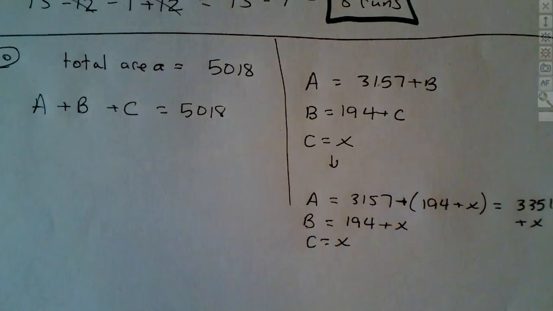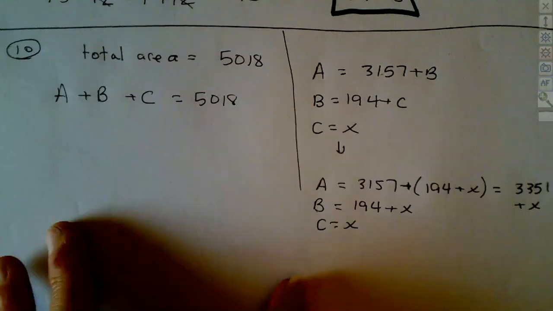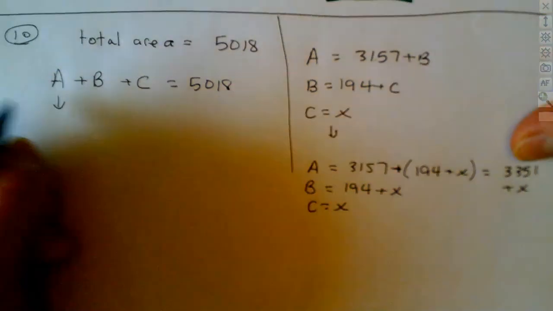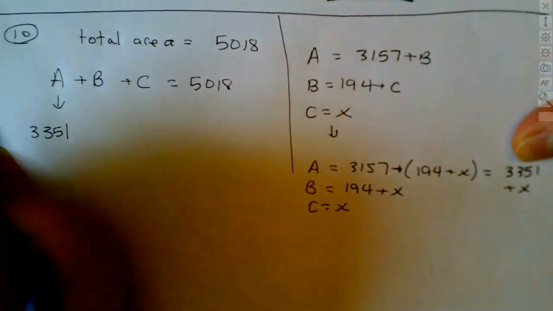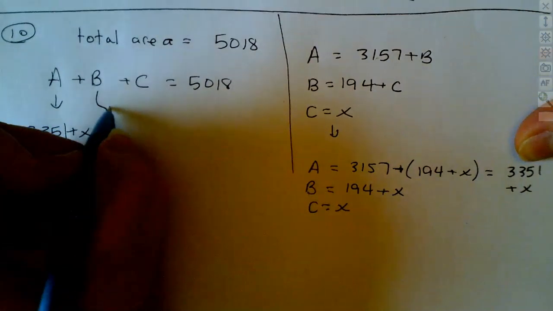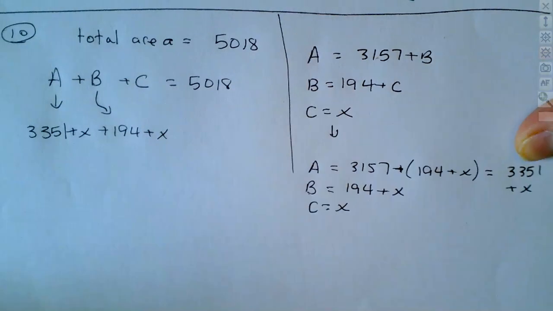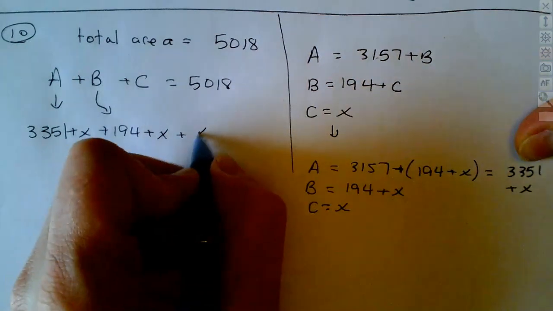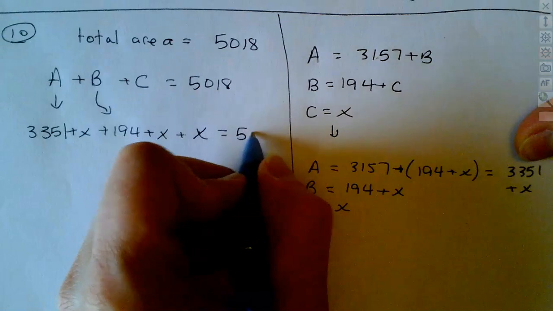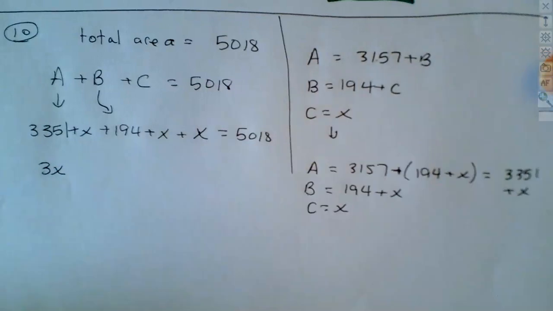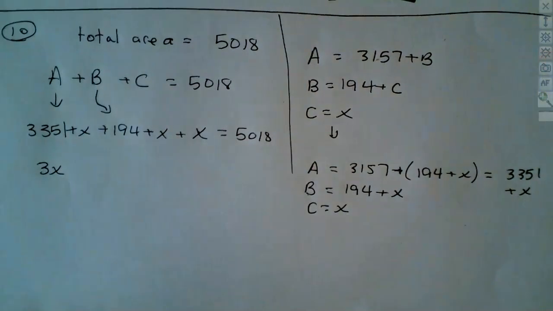Now just simply rewrite it, put these back together, and solve it. So A, what do we find A to be? 3351 plus x. We found B to be 194 plus x. And we found C to be x itself. We'll add these together. And that gives me then 3x. And we've got 3351. We're going to add 194 to that.